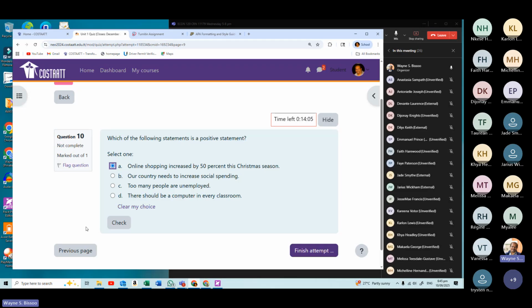That's an opinion or normative statement. Too many people are unemployed. How much is too many? You follow? There should be a computer in every classroom. The statement by itself, there should be, ought to be, those are somebody's point of view. You follow me? So if we check that, we should see that is correct.